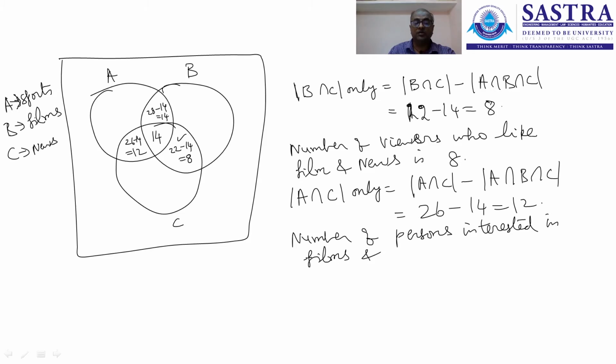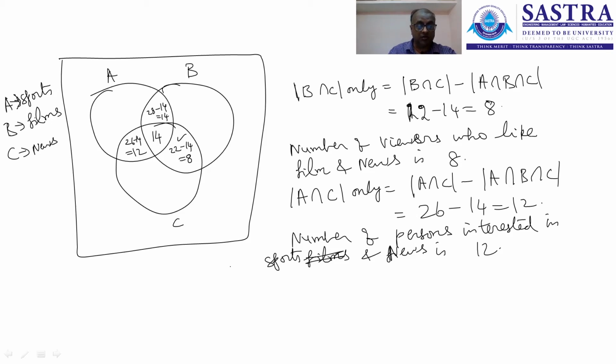Sorry, not film. A represents sports, is that right? So those interested in sports and film, news is 12. Okay, so now I want the number of persons who watch only news.